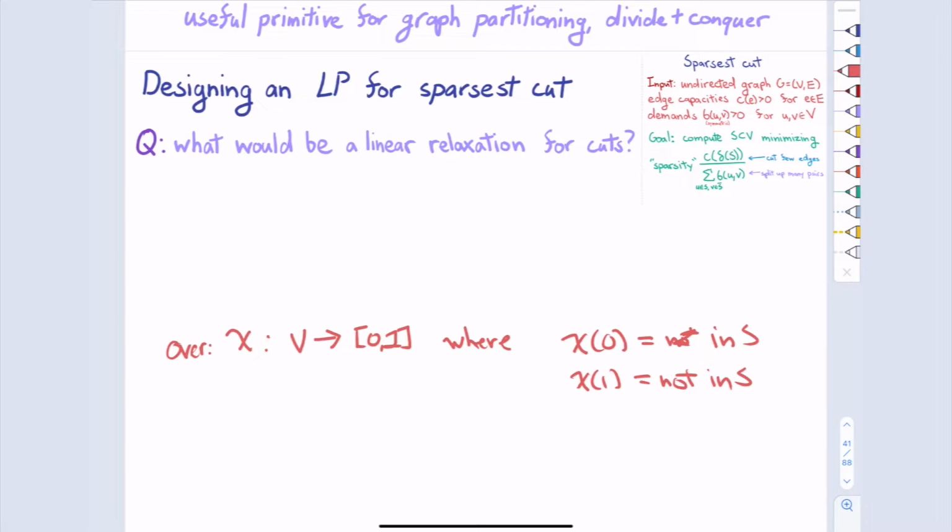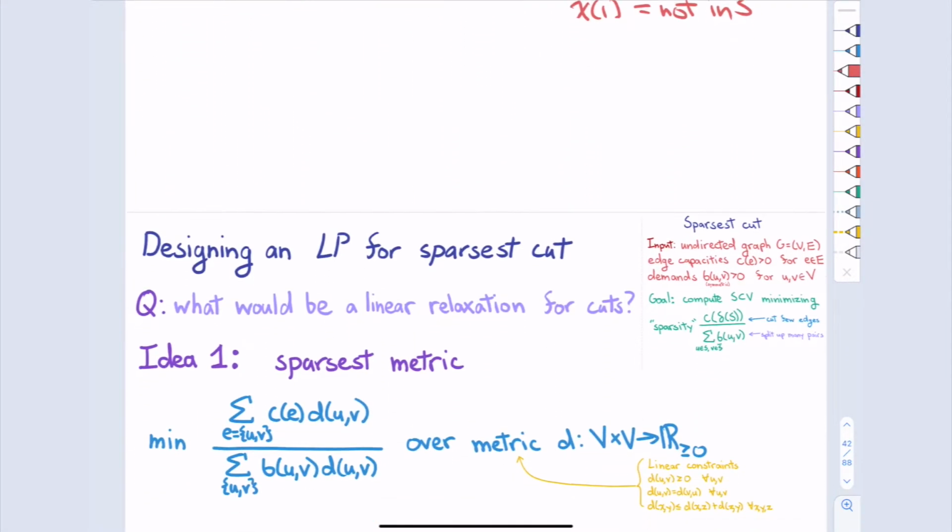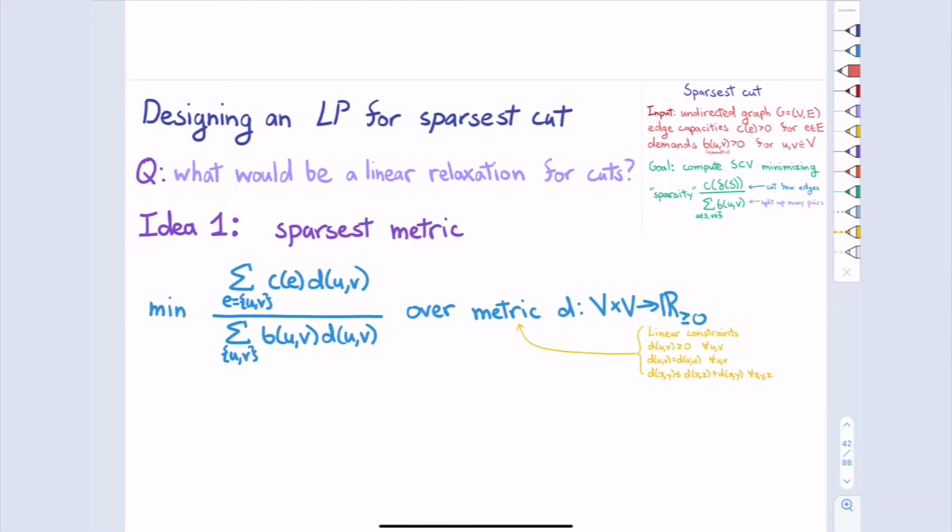Like all the paths from s to t should be at least 1. So there's some sort of natural connection between metrics and cuts.